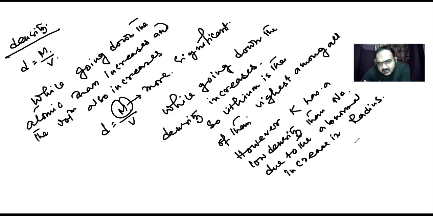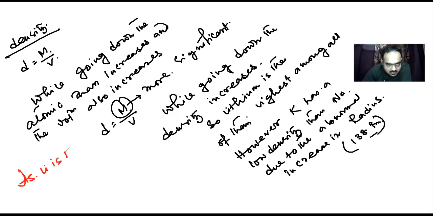I think the radius is 138 picometer. It is the literature value, and this may be wrong also. So lithium is the lightest among all of them, and this is very important.